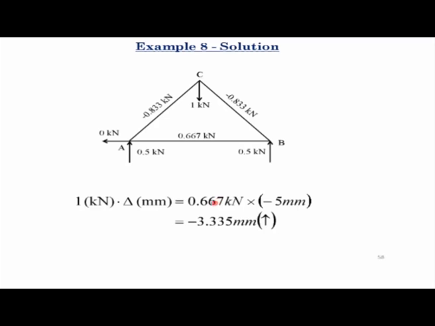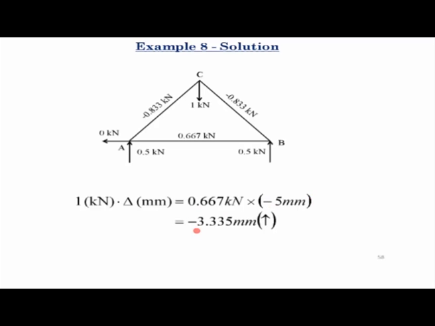That is 0.667. So the deflection of this joint C in the vertical direction is 0.667, the member force in that member due to the virtual load, times the fabrication error. In this case it is 5 mm too short. Now this 0.667 is tension, and short means the change in length is due to compressive action. So it is -5.